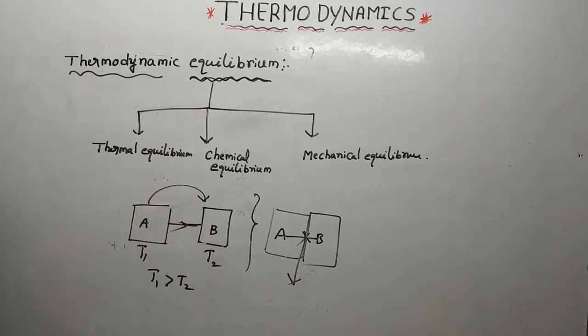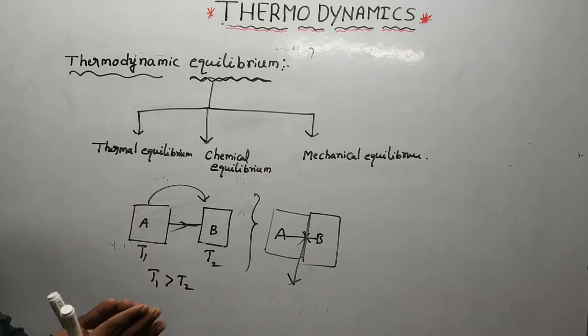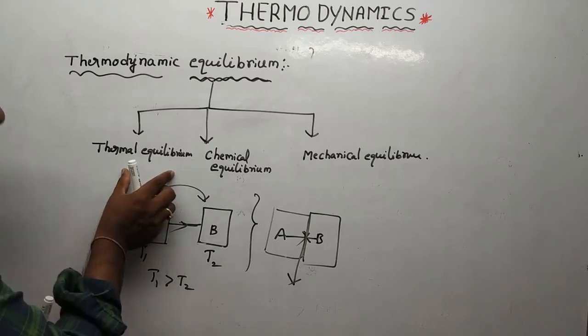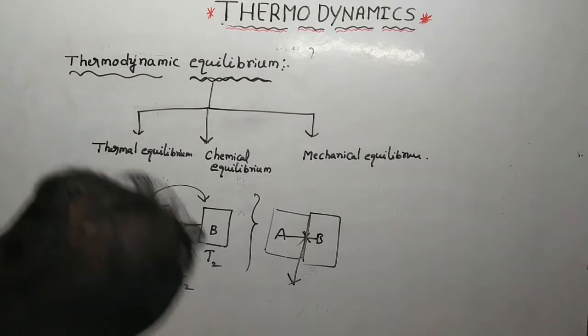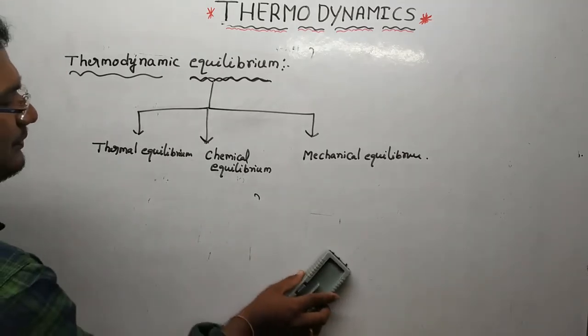Here we take the system and surroundings: if the temperature of the system and the temperature of the surroundings are equal, then we can say that the system and surroundings are in thermal equilibrium. Thermal equilibrium is nothing but having the same temperature.